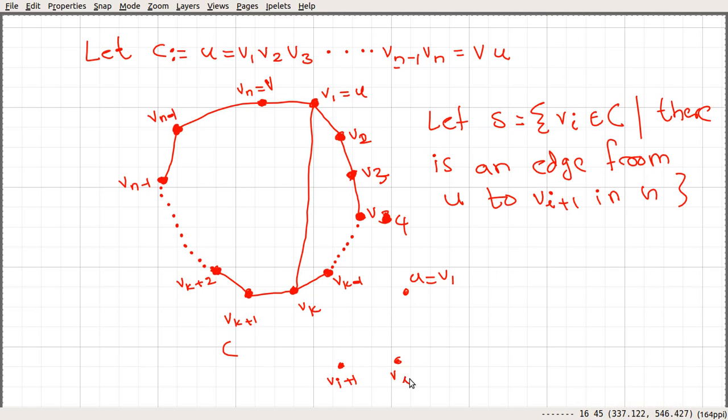If there is an edge between u and vi plus 1, then we add this vertex vi to this set S. So this is how we define this set S, and let's define one more set.